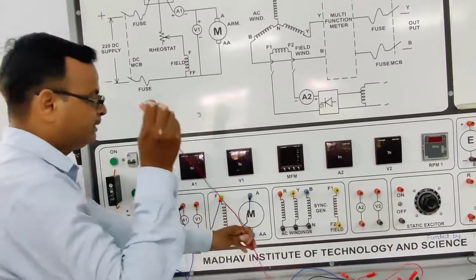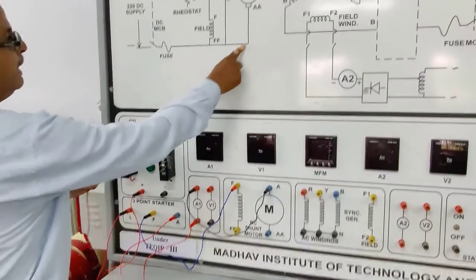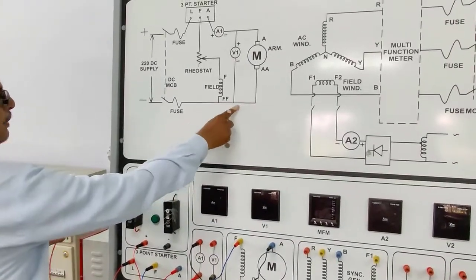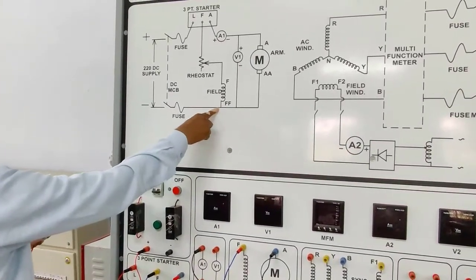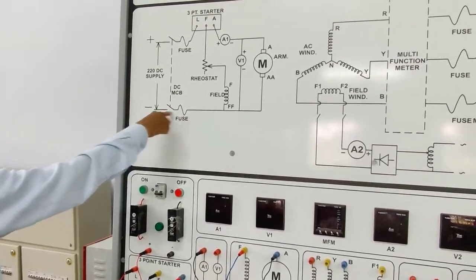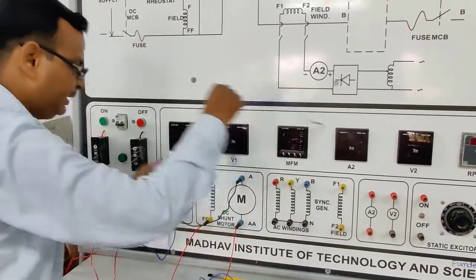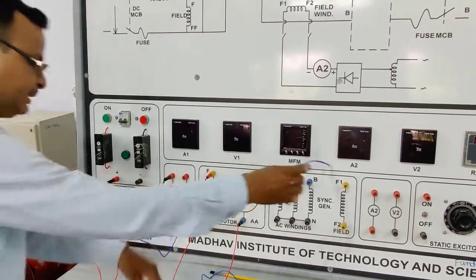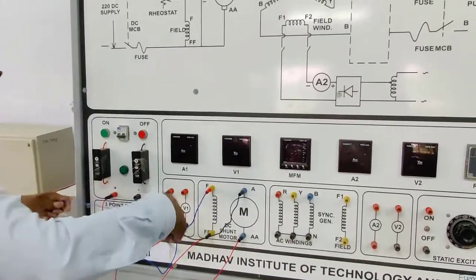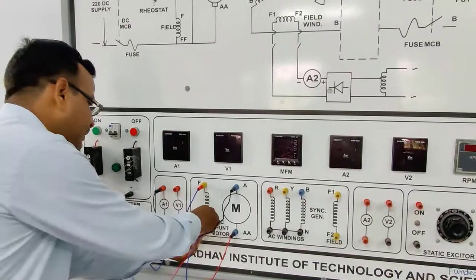The AA terminals are connected at a common point, and this common point is connected to the negative terminal of the DC supply.